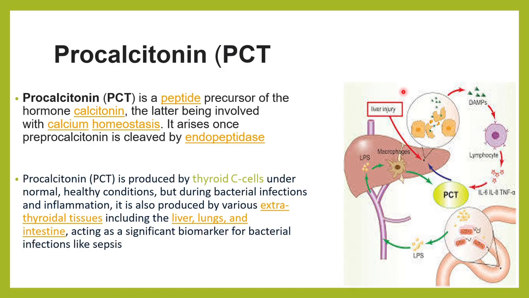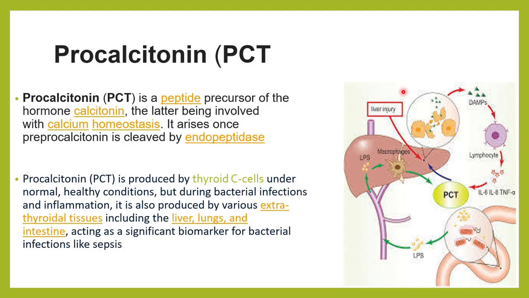Now, procalcitonin, the name itself suggests that it is a precursor of calcitonin. Calcitonin, you all know, is involved in calcium homeostasis, and procalcitonin forms the calcitonin. Procalcitonin is usually produced by the thyroid C cells under normal conditions.